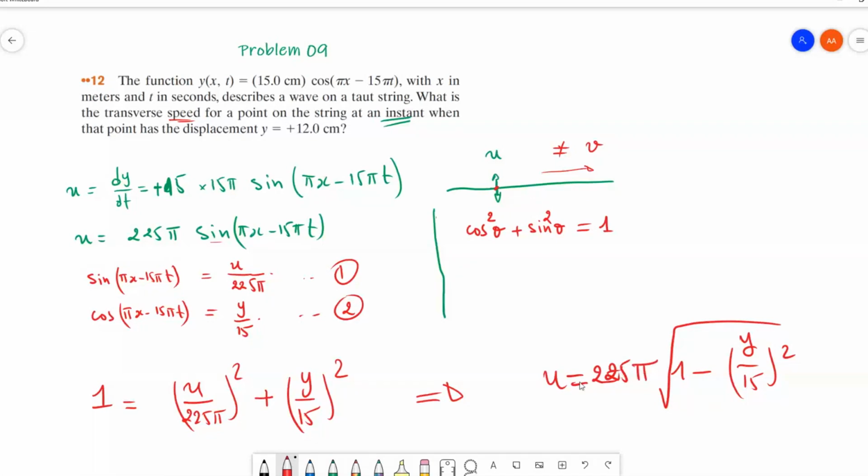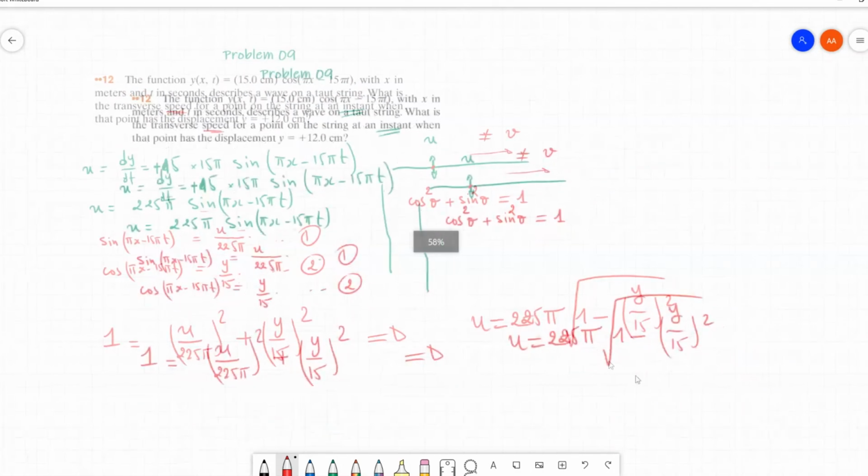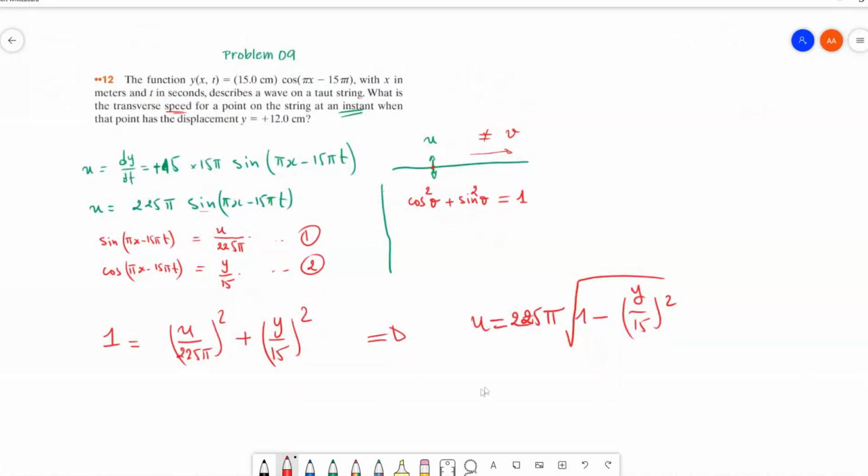So this is just math. Y is given here. They said y is 12 centimeter. So u is equal to 225 pi multiplied by the square root of 1 minus (12 over 15) square.